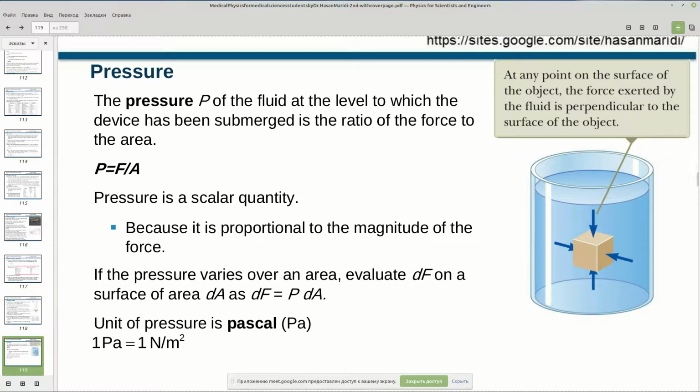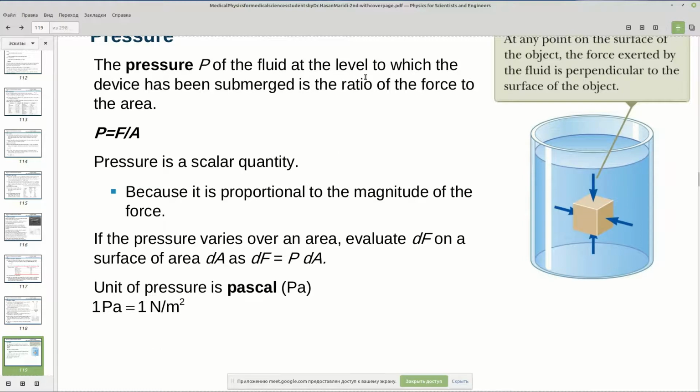At any point on the surface of an object, the force exerted by the fluid is perpendicular to the surface of the object. The pressure P of the fluid at the level to which the device has been submerged is the ratio of the force to the area. So P equals force divided by area.